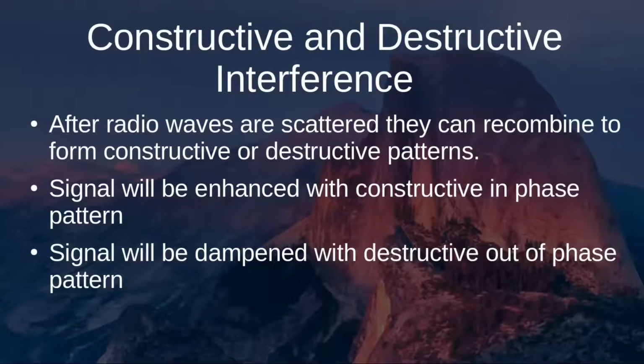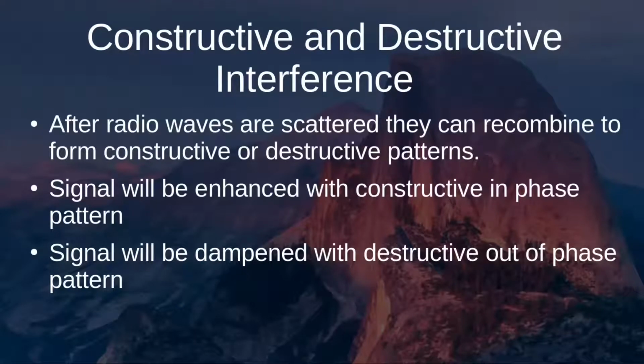Constructive and destructive interference can form after a radio wave is bent or diffracted. After radio waves are scattered, they can recombine either constructively or destructively. A signal will be enhanced with a constructive in-phase pattern, and a signal will be dampened with a destructive out-of-phase pattern. Think about the analogy of the waves on a very still pond.